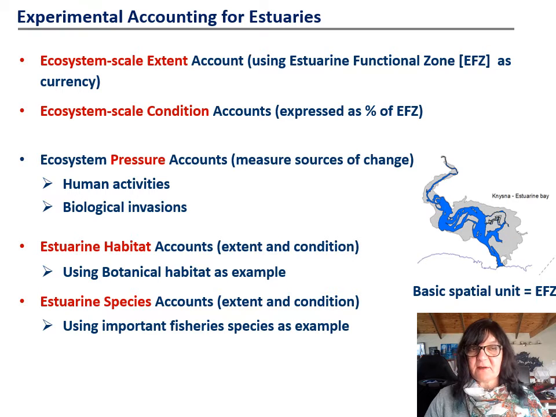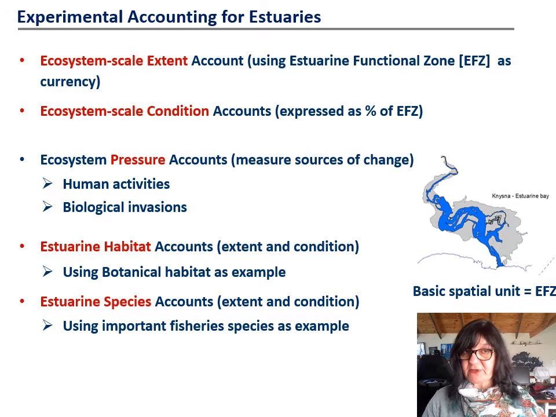The estuary accounts were divided into five basic types of accounts, starting off with the ecosystem scale extent accounts, using the estuary functional zone as basic unit of analysis. Then we had the condition account across all the estuaries, again expressed as a percentage of the estuary functional zone.